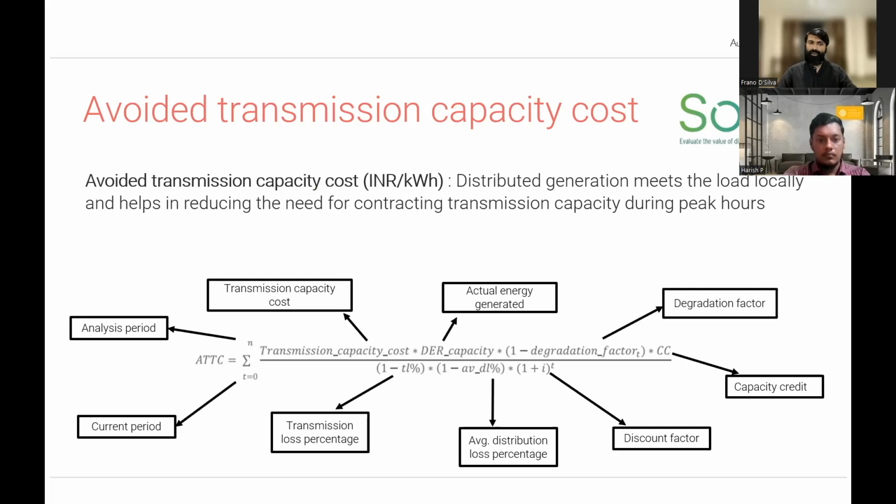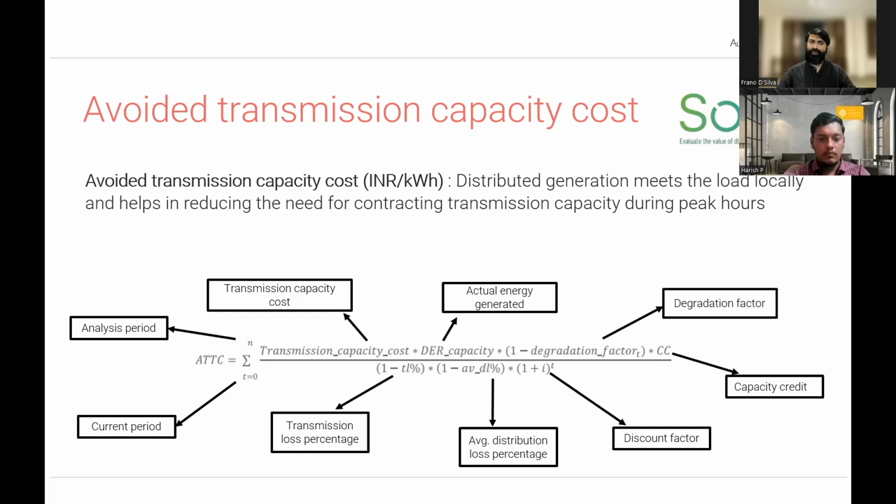We would have no need to contract that capacity from the transmission line, and hence will be deferring the transmission capacity, which will then lead to avoided transmission capacity cost. If you notice in the formula, we have taken the cost into consideration as well as the DER capacity that has been integrated into the distribution network and something called capacity credit.